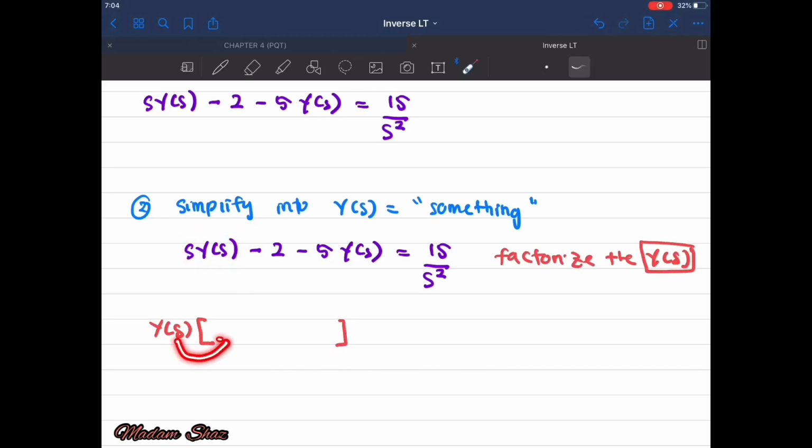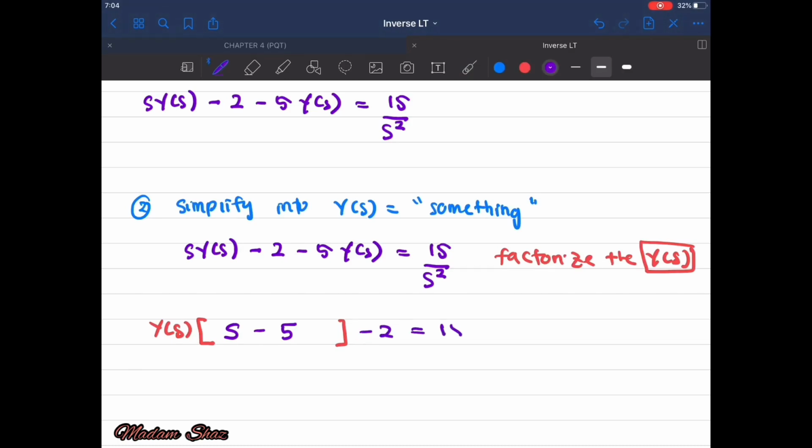Y(s) multiplied with what, so that it will become sY(s)? It will be multiplied with s. Y(s) multiplied with what, so that it will become negative 5Y(s)? So minus 5. For the negative 2 here, we just write at the back, negative 2.